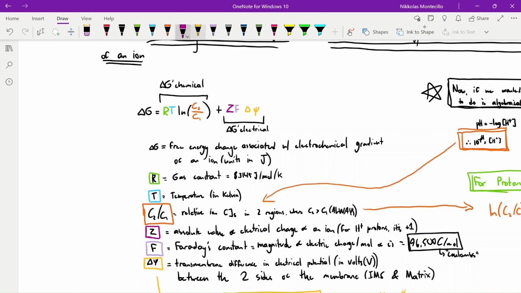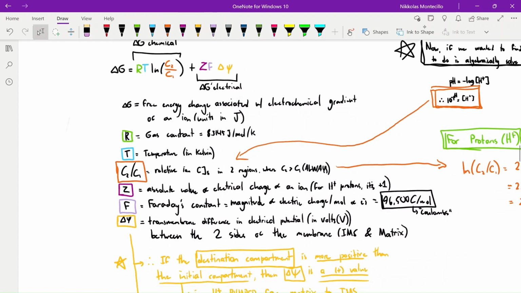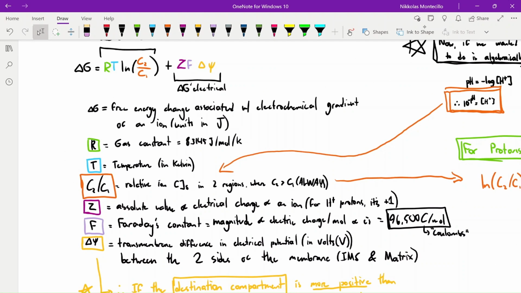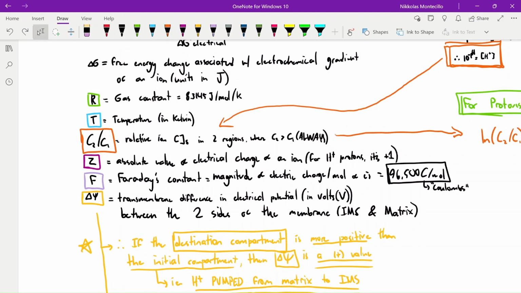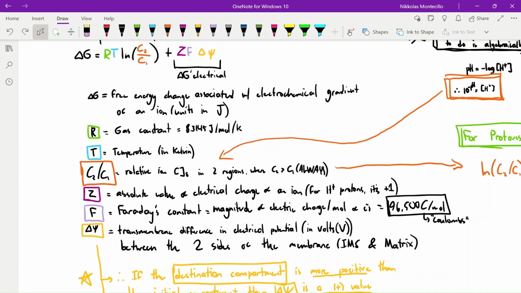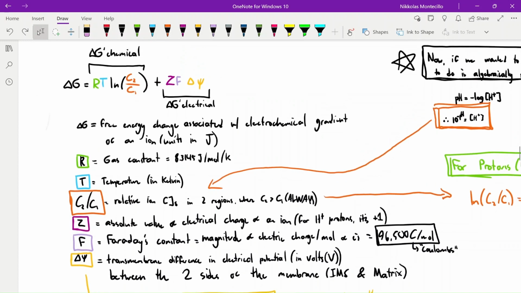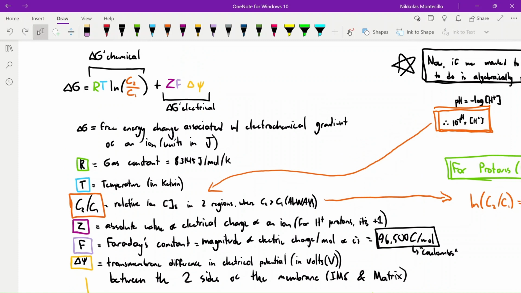Now for the mathematical expression for the electrical potential, we see that there is the absolute value of an electrical charge of an ion, which is represented by Z. We see that for hydrogen ion protons, it's +1, given that when a hydrogen ion forms, it only has a charge of +1. Now, the Faraday's constant, F, just refers to the magnitude of the electric charge per mole of electrons, which in this case is 96,500 coulombs per mole.